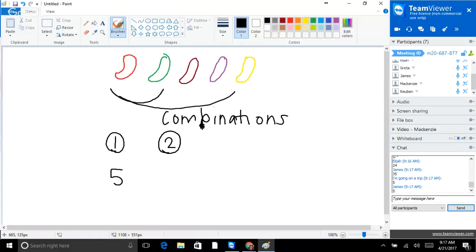Let's throw a little math in there. Do you remember our friend Mr. Combination? Where we say it's a combination of flavors, right? We're picking 2 out of 5 flavors. Does that ring a bell with anybody? Or it's in your brain somewhere and you're like, oh yeah, that.